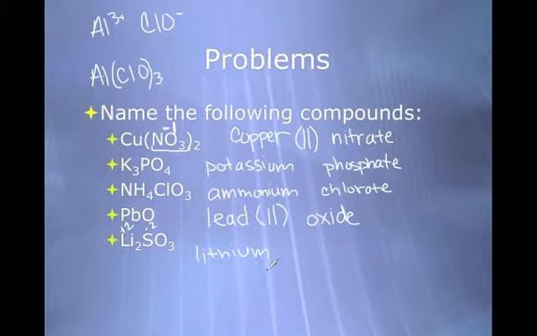Thiosulfate? Thiosulfate's S2O3. Sulfite. Okay, so this is why we're going to have ion quizzes so you guys are familiar with those polyatomic ions. It'll be easier if you can recognize them, not looking them up all the time.